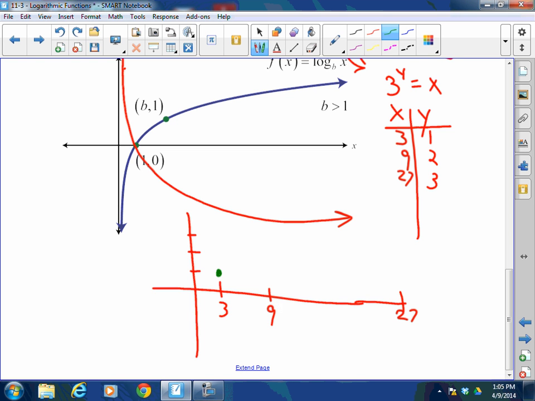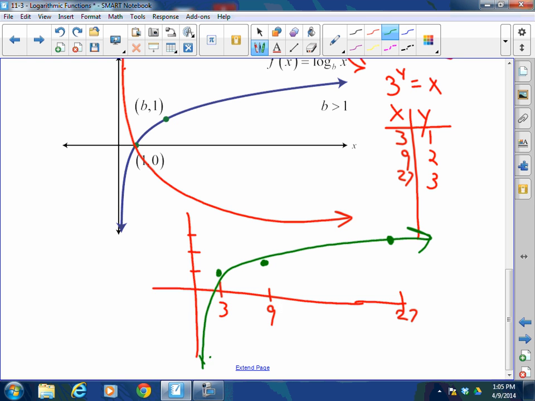Then 9, 2. And this would be 27, 3. So this would go like this, and that is my graph.